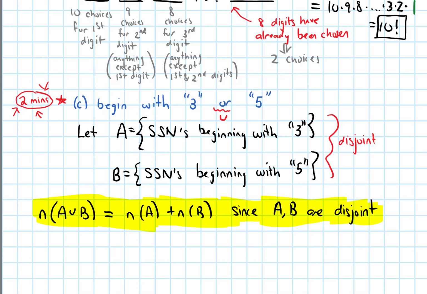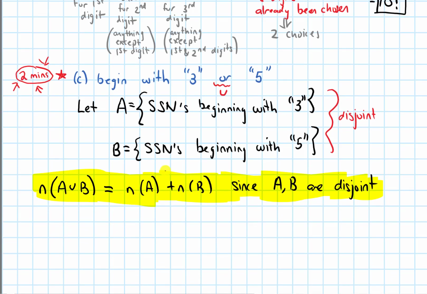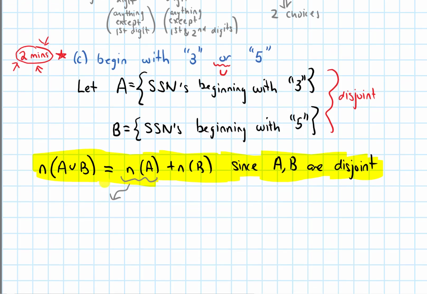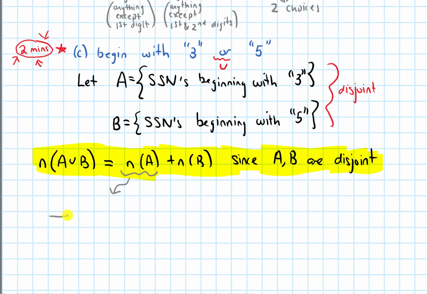All right, and now let's work out the number of elements in A and the number of elements in B. For the number of elements in A, I want to count the number of social security numbers that begin with a 3. So let me put some slots. 1, 2, 3, up until the last slot. For the very first digit, there is one choice, because it has to be a 3. In the set A, my social security number begins with a 3.